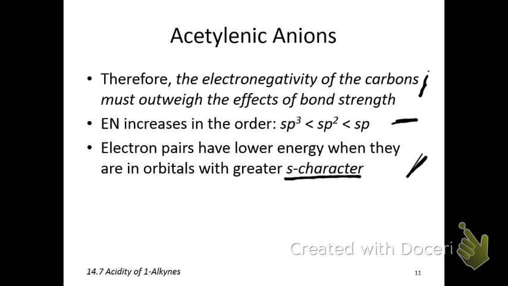If you think about sp3 hybridization as being 1 part s and 3 parts p, then it's 25% s. And sp2 would then be 1 part s and 2 parts p, therefore 33% s. sp, of course, is 50% s, and so it has the most s character and thereby the most stability for electrons.